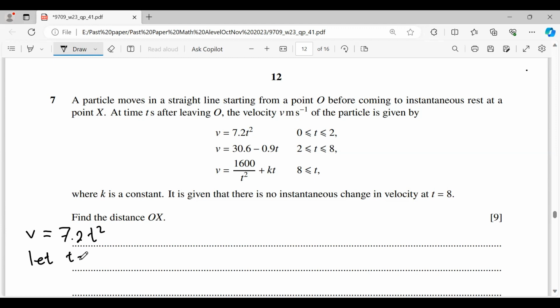So I will begin from t equals 0. If t equals 0, v will be 7.2 times 0, 0. If t equals 2, v will be 7.2 times 4, 28.8.